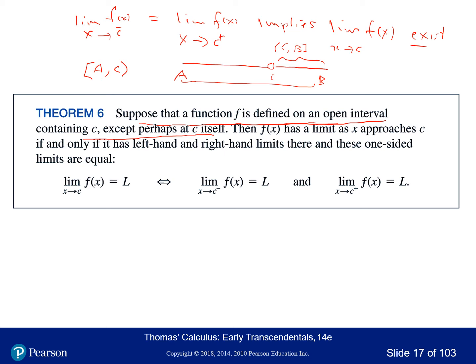The function f of x has a limit as x approaches c if and only if there is a left limit and a right limit and these limits are equal. So if the limit of f of x as x approaches c from the left is there, and the limit as x approaches c from the right is also there, and they are equal, then that proves there is a limit for the function f of x as x goes to c, and that limit is also equal to L.